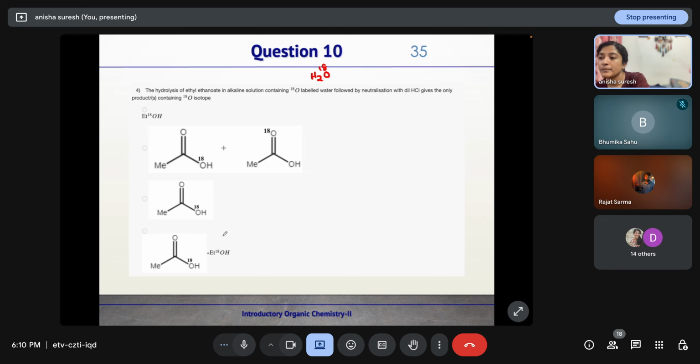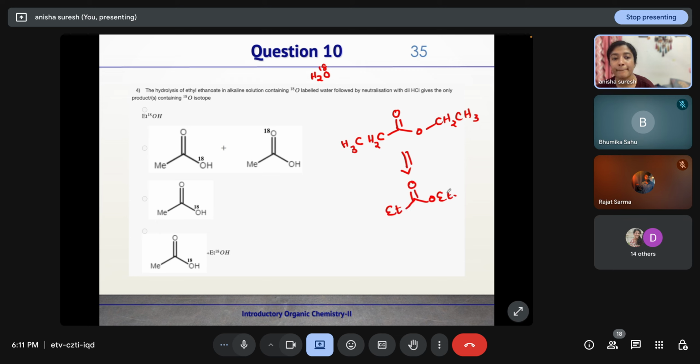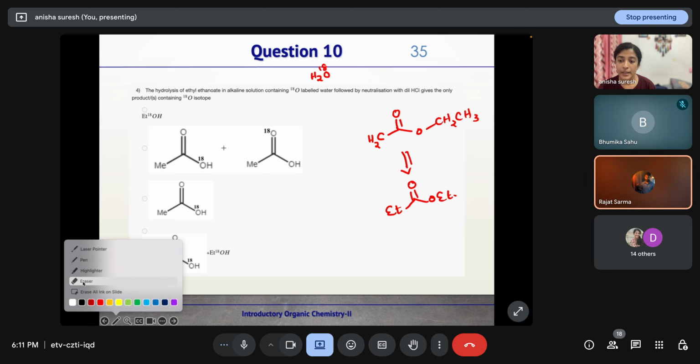Ma'am, can you please tell the ethyl ethanoate structure? Okay. CH3, C double bond O, O, CH2, CH3. Or we can easily represent it like Et, C double bond O, OEt.